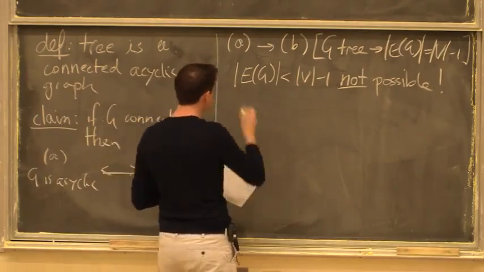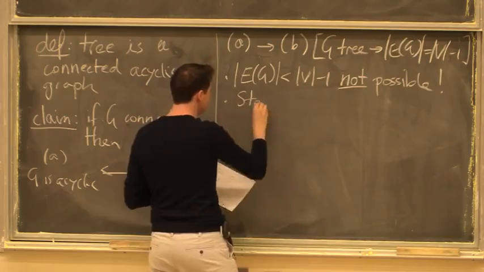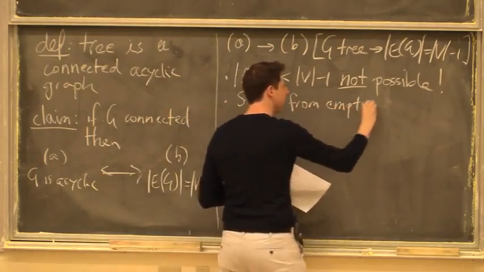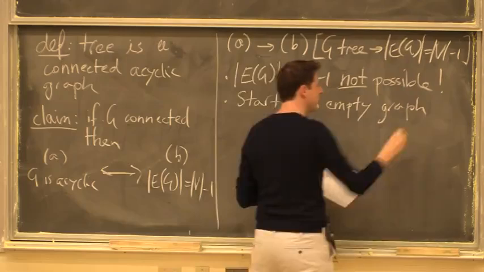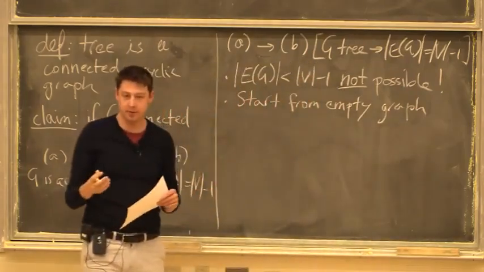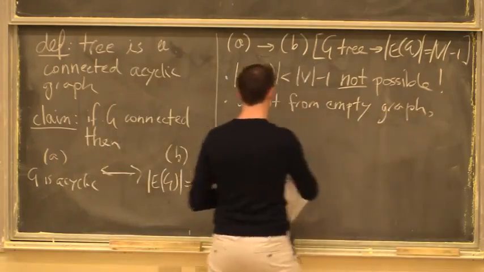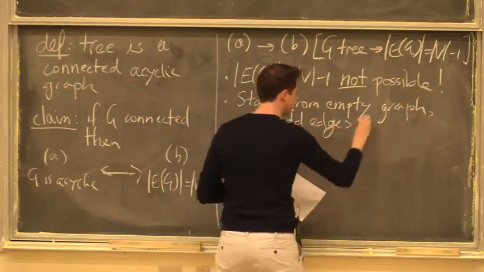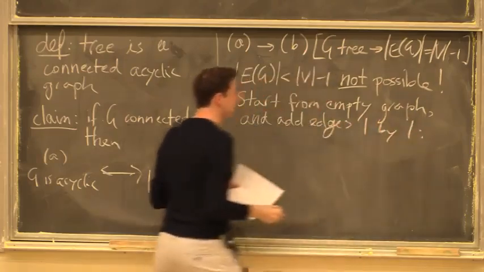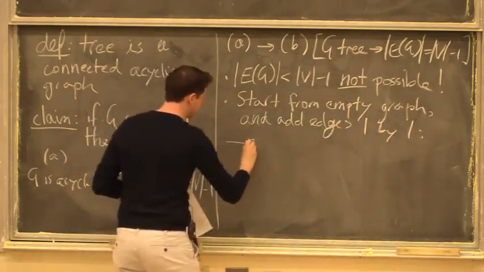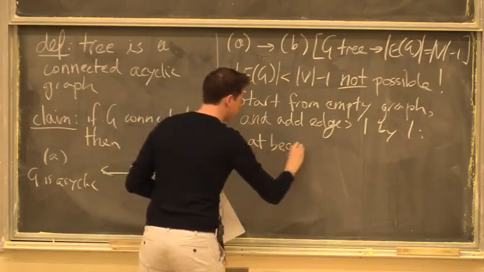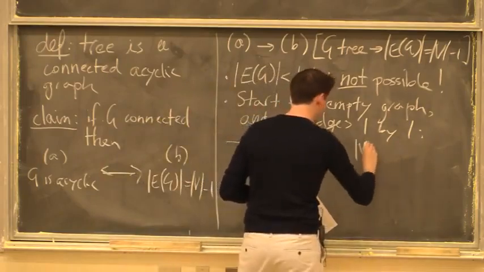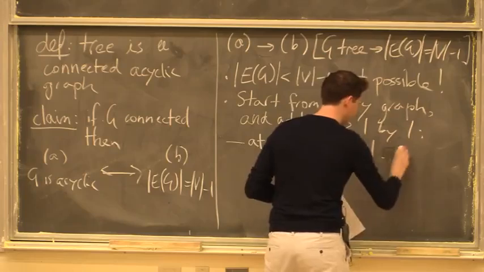One way to view it is to start from an empty graph and add the edges one by one and see what happens. At the beginning, we're going to have v connected components.